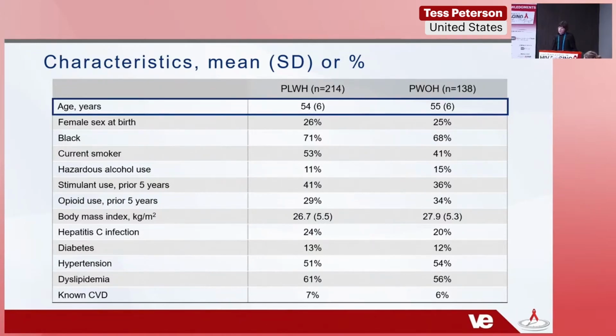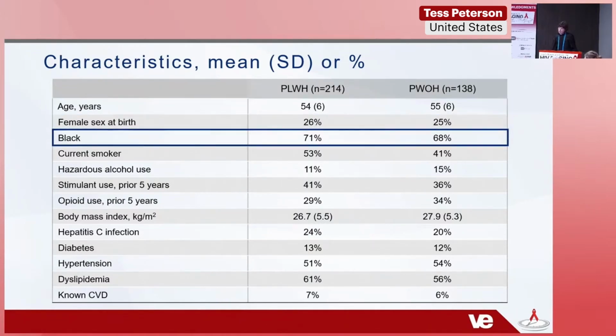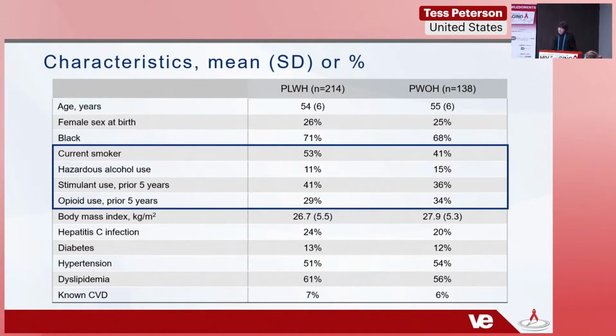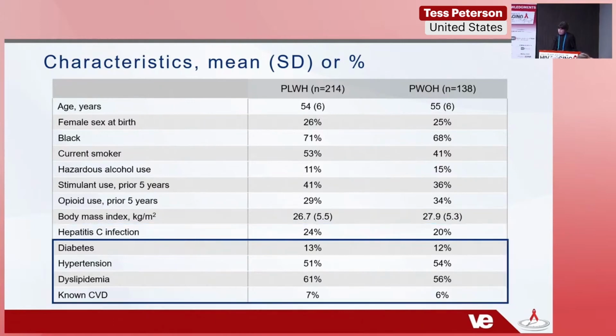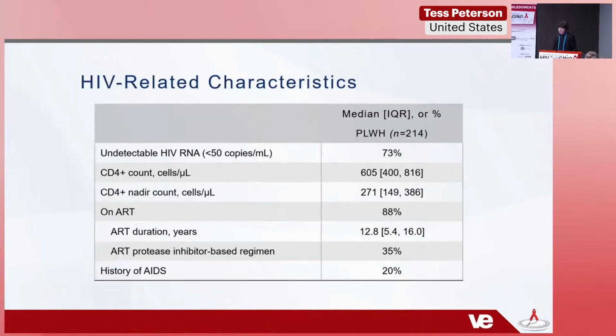Mean age, about 55 years, a quarter female, 70% Black, relatively high prevalence of substance use that's pretty balanced between people living with and without HIV, including 39% reporting stimulant use in the last 5 years, mostly cocaine, and about a third reporting opioid use. 22% have active Hep C, and then some just traditional CVD risk factors, roughly half have hypertension, half dyslipidemia, and again, fairly well balanced by serostatus.